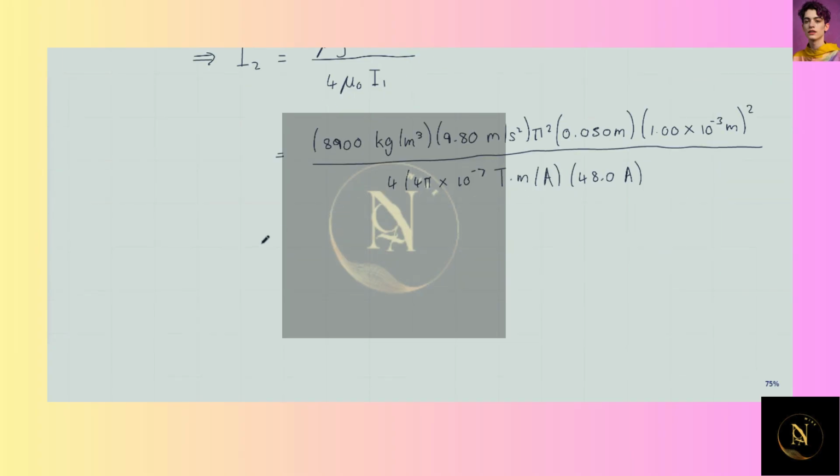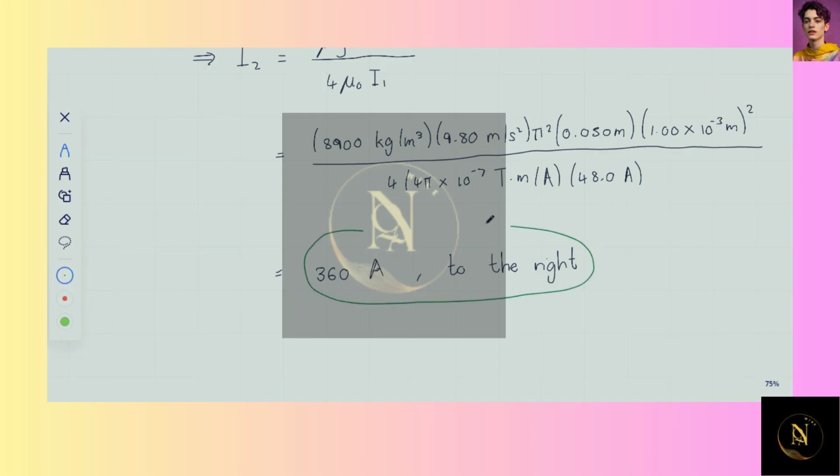If we do this calculation, we get I2, the current in the lower wire, to be 360 amperes, and the current flows to the right. So now we have the strength and direction of the lower current.